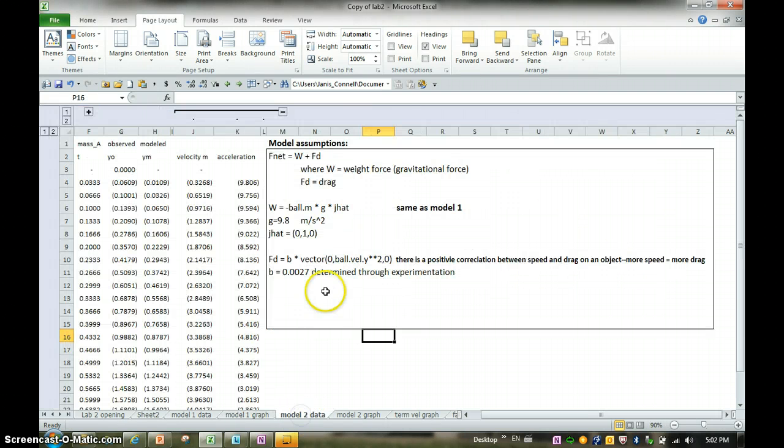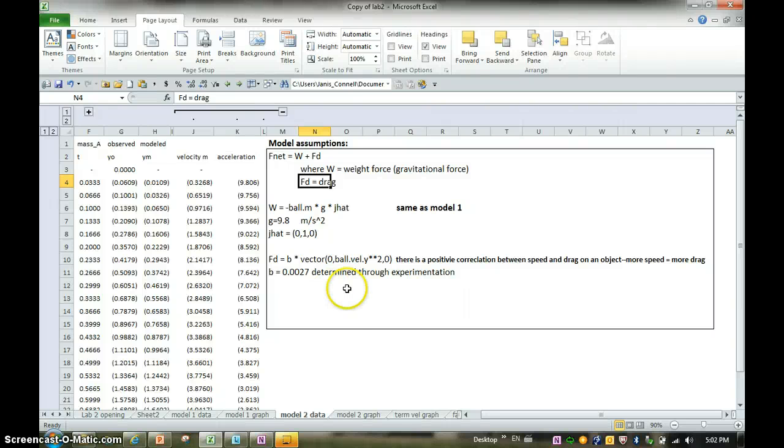In the second model, I have the same assumptions for gravity, but I'm now going to add in FD, which is my drag force. And the formula in Python looks like this, which is B times the velocity of the object's vector squared.